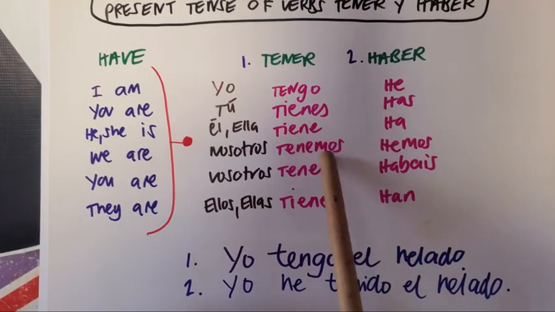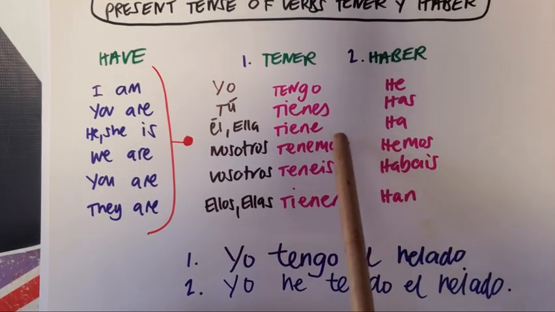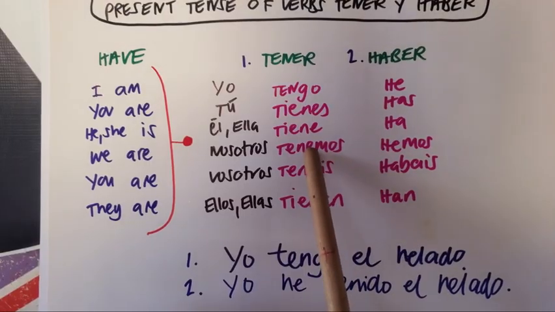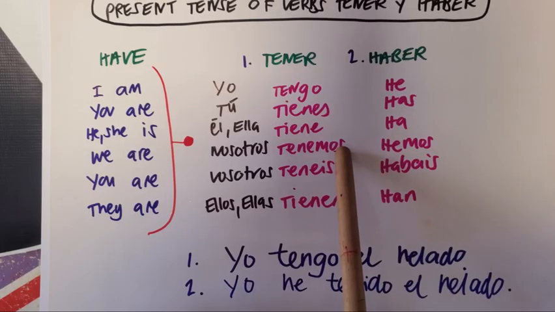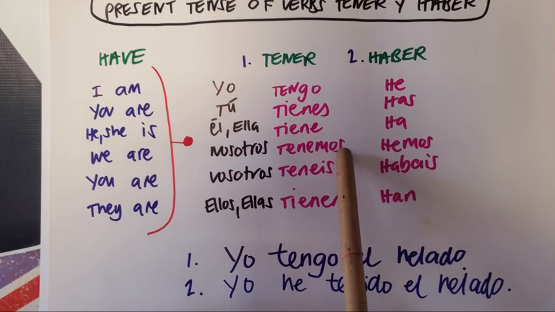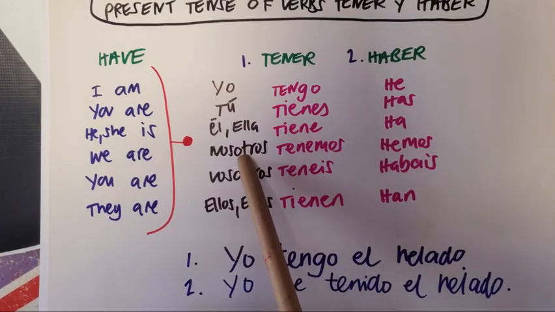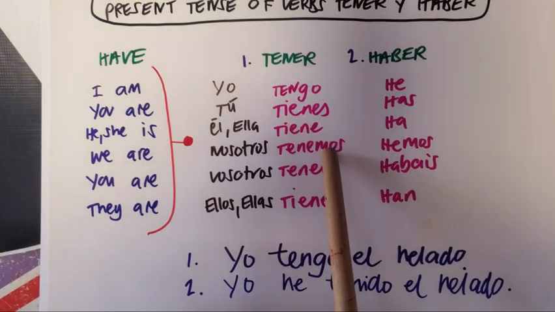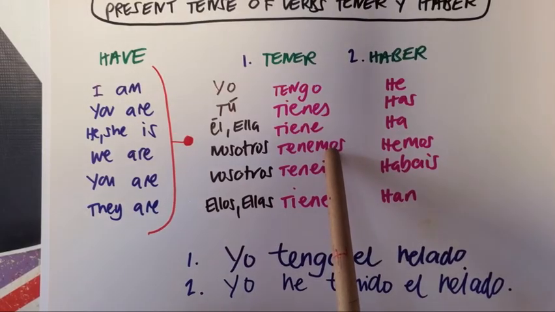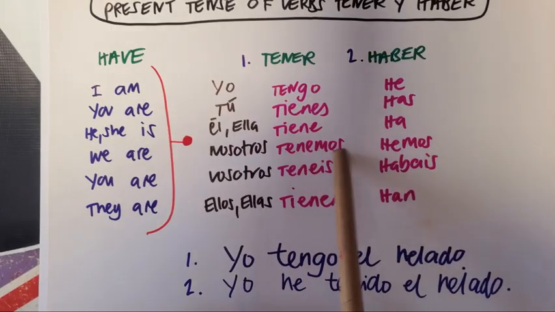Likewise, when we say we, it's always hemos or amos, depending on the verb. You see, so it repeats. If I say we walk, caminamos. If I say we eat, comemos. If I say we drink, nosotros bebemos.